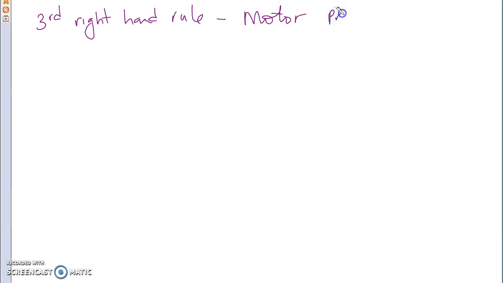And as I said, my third right hand rule, also known as the motor principle, now this from the video which we saw with Michael Faraday, right? Motor principle.